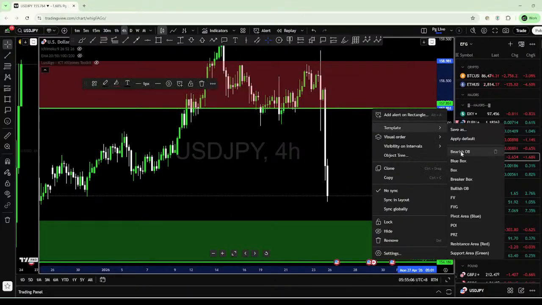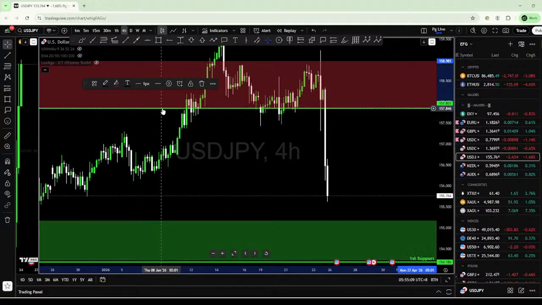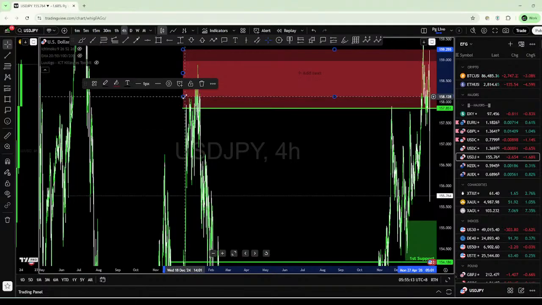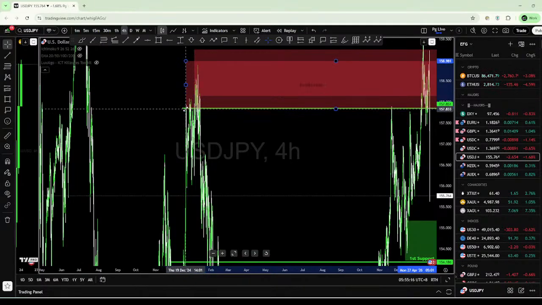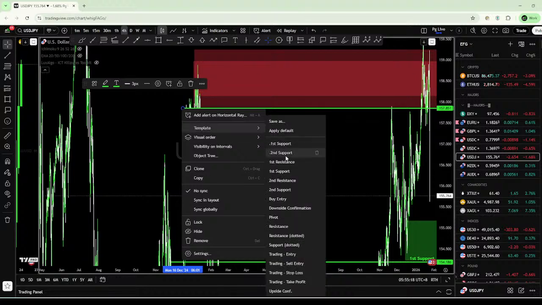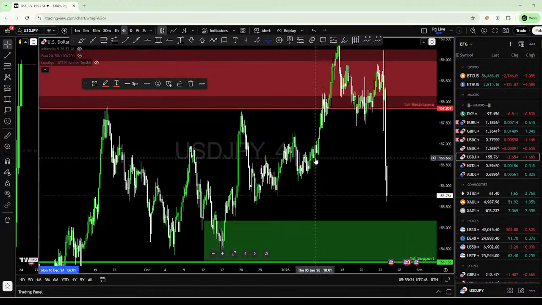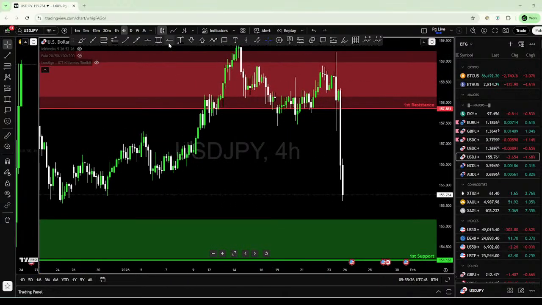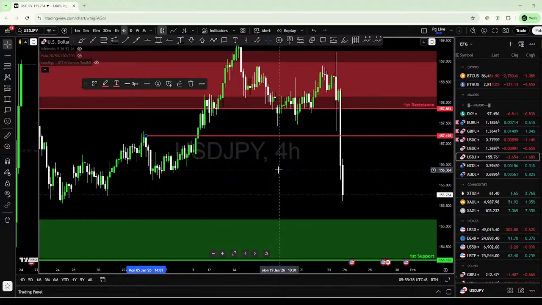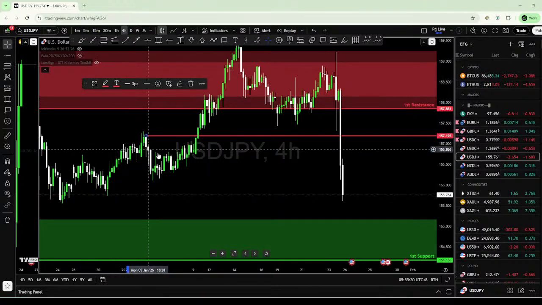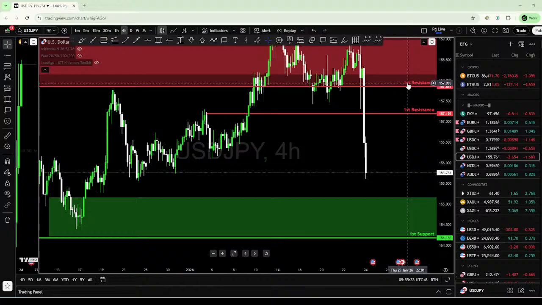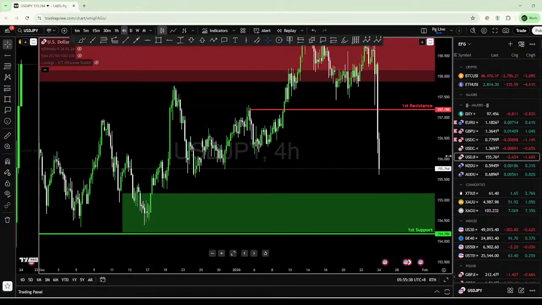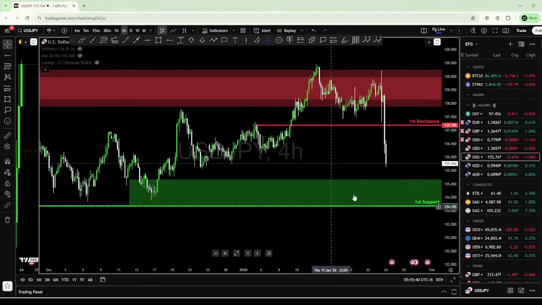This is the resistance. Resistance. Okay. If you identify H4, this is the pullback resistance. This is on a higher time frame. Okay, so right now you wait at these zones to buy.